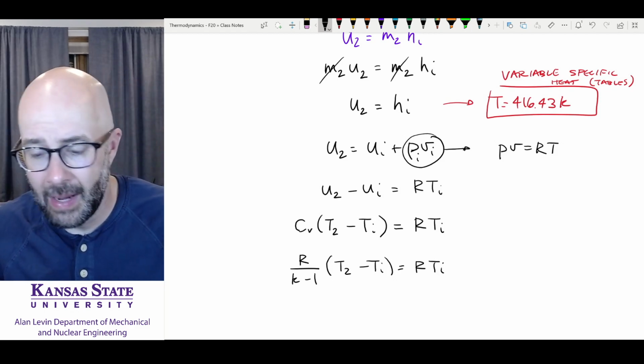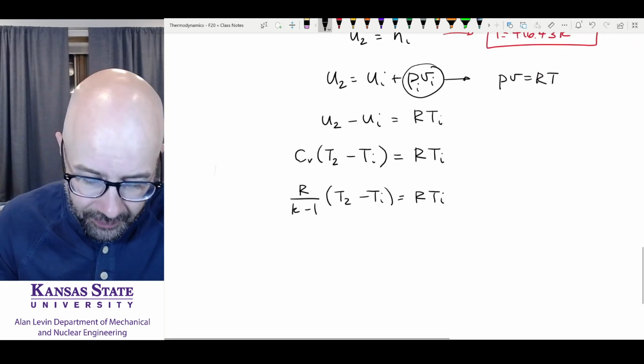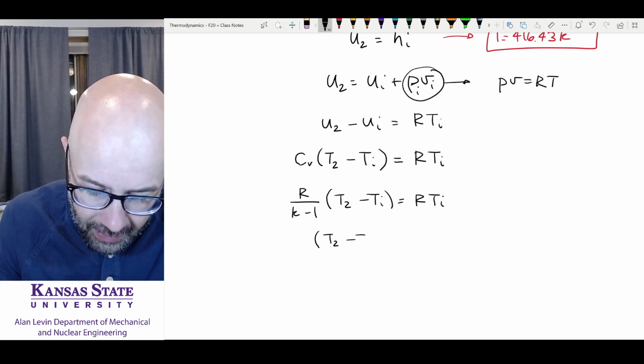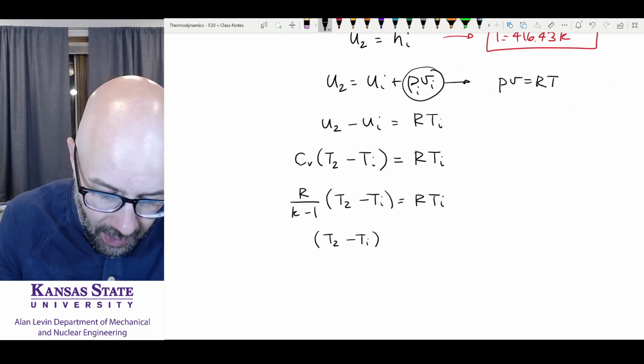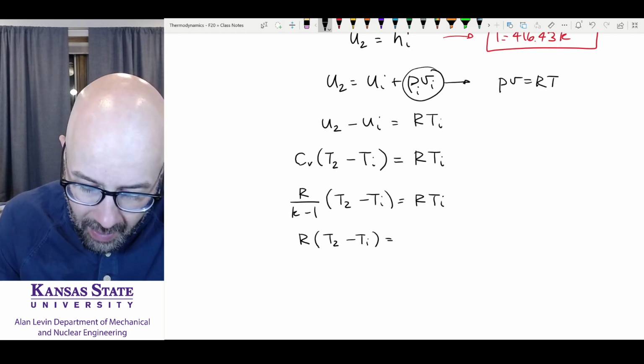Now, I'm going to need to solve this, and so there are some algebra steps here. T2 minus Tn times R is going to be equal to R times Tn times K minus 1.